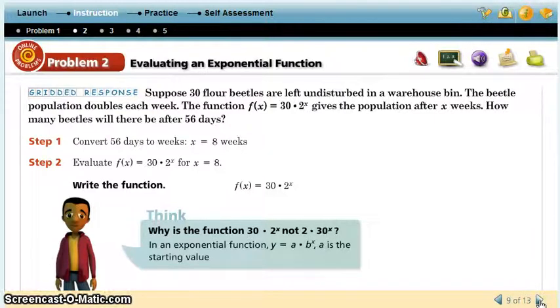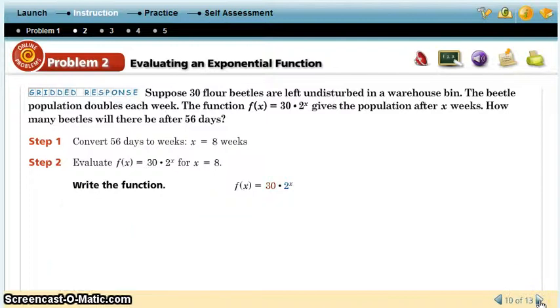In an exponential function, y equals a times b to the x power. A is the starting value, and b is the rate of change. In this case, the starting value is 30. Since the population is doubling, the rate of change is 2. Substitute 8 for x.